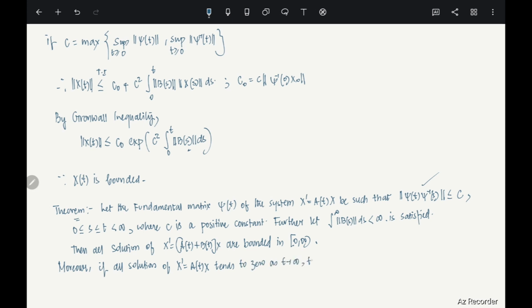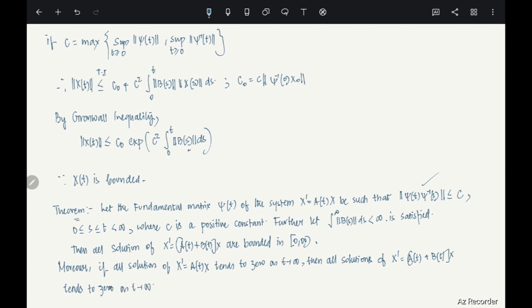Then all solutions of x prime equals A(t) plus B(t) times x, the perturbed system, clear, tend to 0 as t tends to infinity. So you do realize what I'm trying to say.